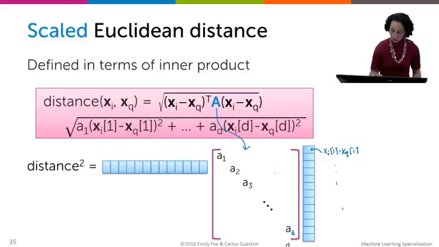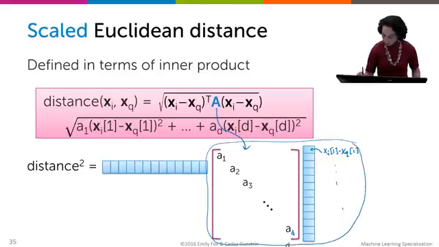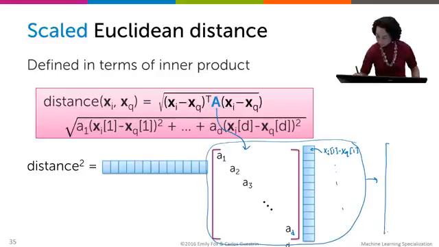And then if we think about multiplying this matrix times this vector, and just look at what that gives us, well, that gives us a vector with elements. Let's just look at the first one.